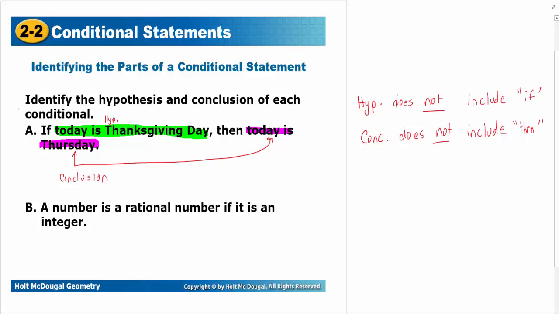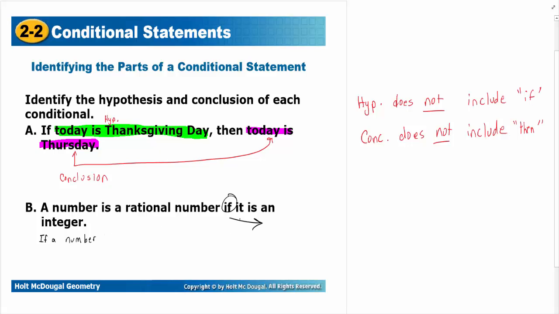Okay. Now in example B, it says a number is a rational number if it is an integer. Well, in this case, we need to restate this so that it is an if-then statement, because right now it's not. So we need to reword this. If a number. So again, we got our if here, so we can start with that.